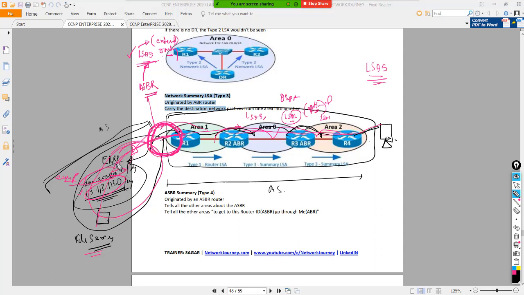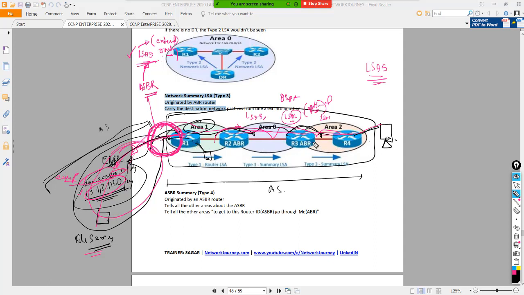Now from, let's say, area 0, I have some user here. This user is connected to R1, R1 is directly connected to the ASBR, and this ASBR is directly connected to EIGRP. So things are all pretty simple.